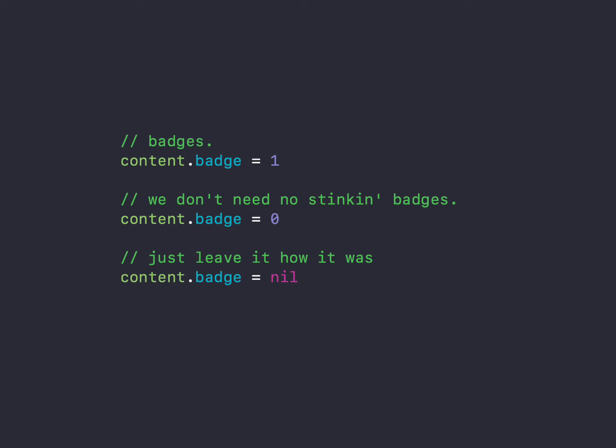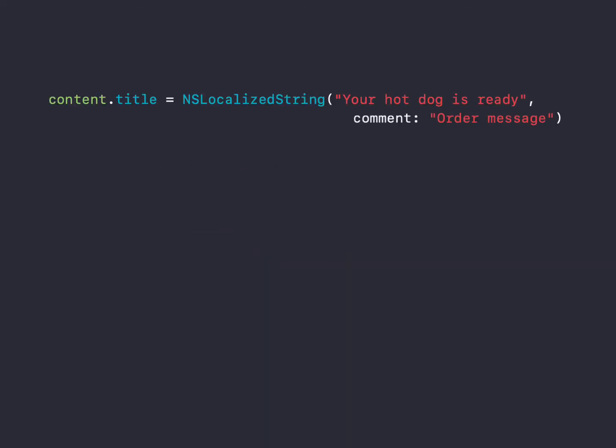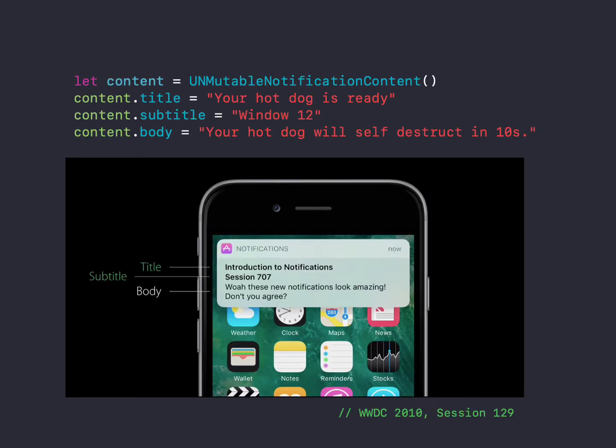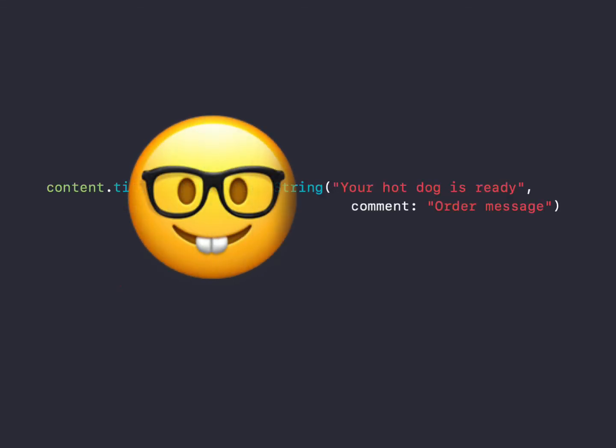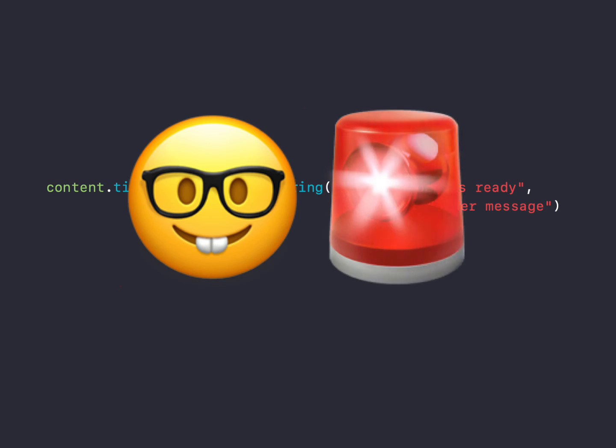It's just a notification content object. What's the type we're looking for? It's UNNotificationContent, I believe. And we're looking at badge, which is an NSNumber.